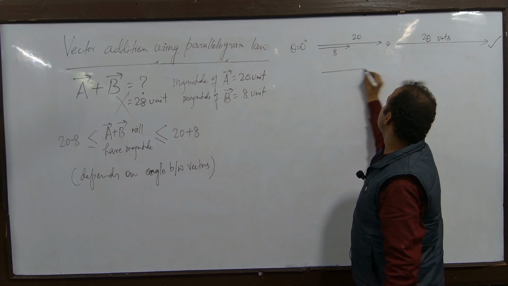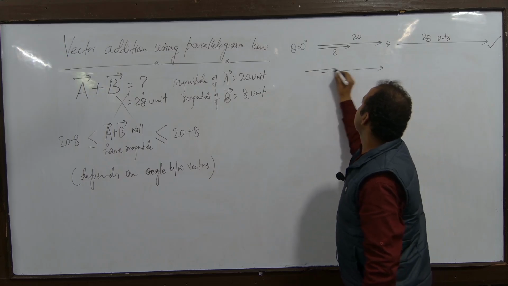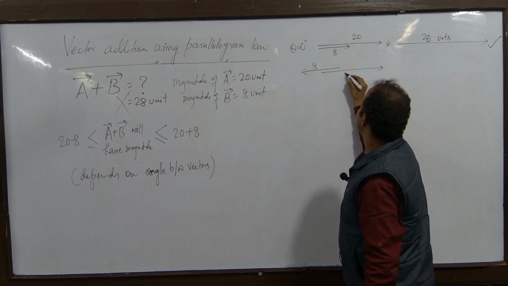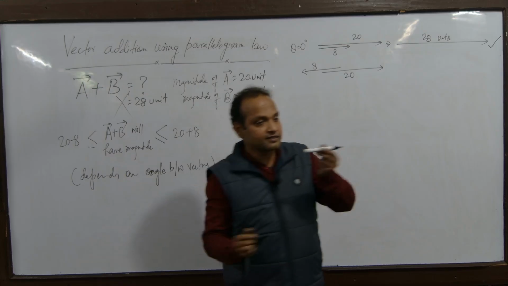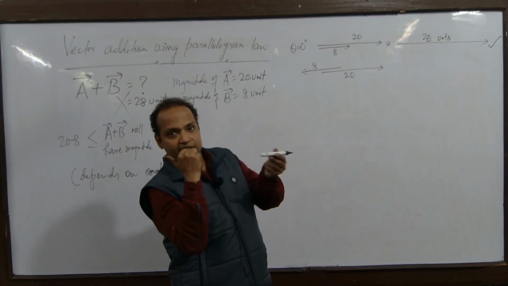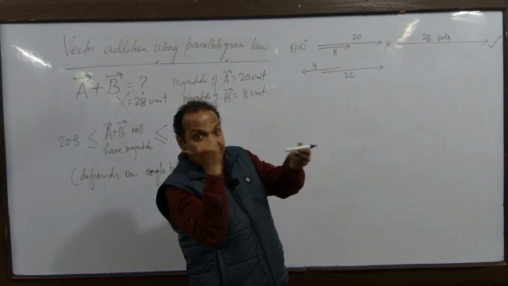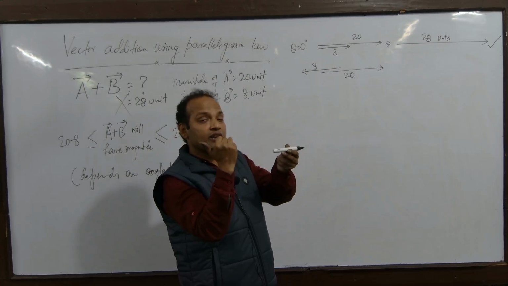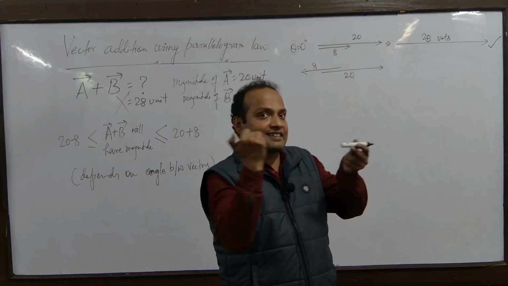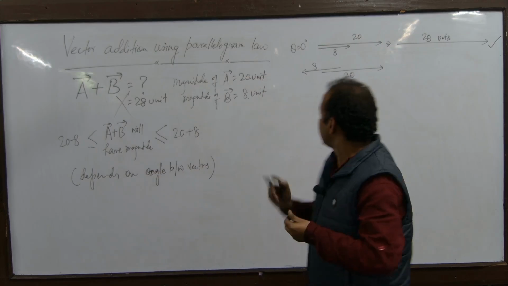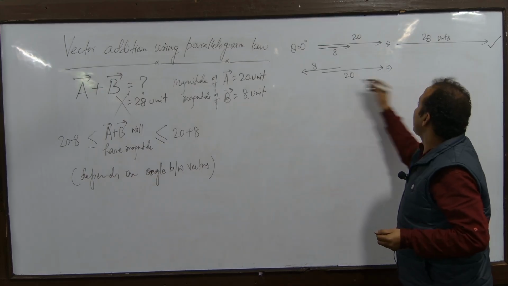But when two vectors are directed in opposite directions, what will be the sum? 20 Newton is in this direction, 8 Newton in this. Both will cancel out each other. Already you are doing vector addition, but values cancel out. So 20 minus 8.